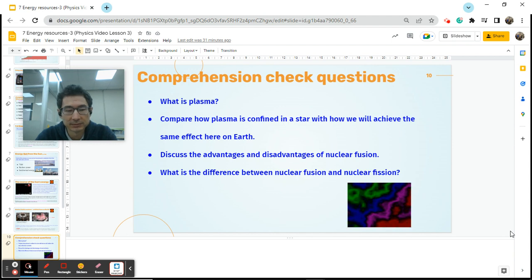So how is plasma on the Sun, on the surface of the Sun? By the way, the surface of the Sun is a plasma, a high energy gas with ions flowing around. How is it confined, and how can we create the same effect on Earth?